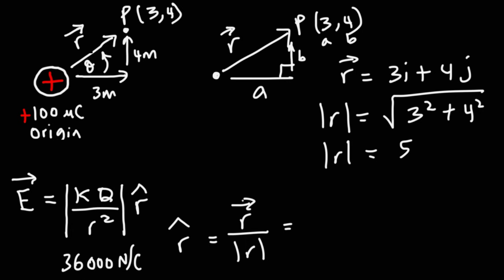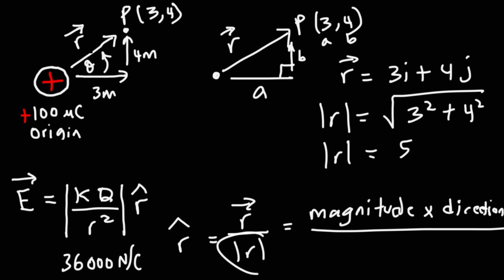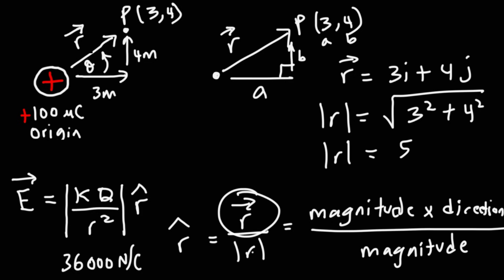You could see it this way. So this vector, the position vector, has 2 components, magnitude and direction. The absolute value of r is the magnitude of the position vector. So we're taking the vector and we're dividing it by its magnitude.